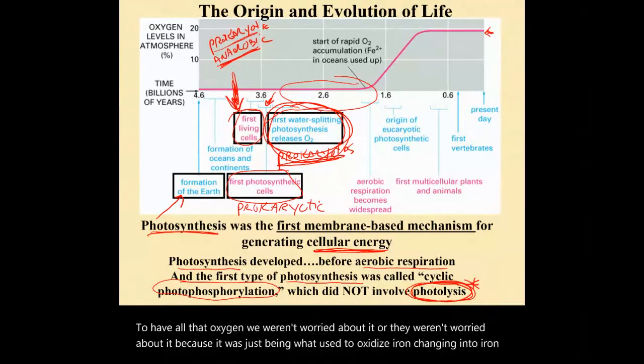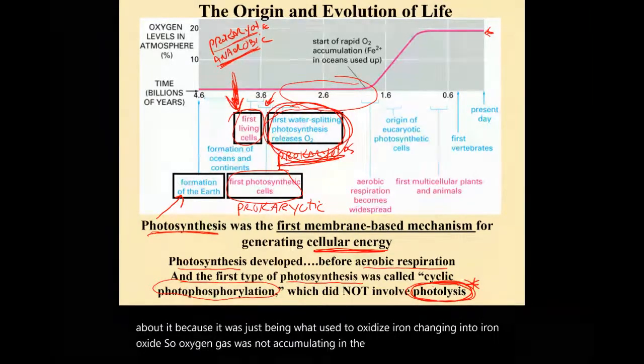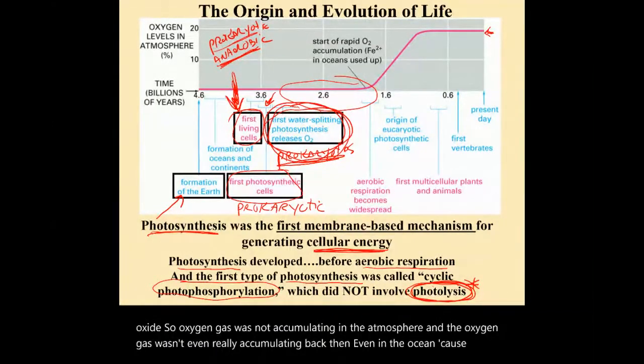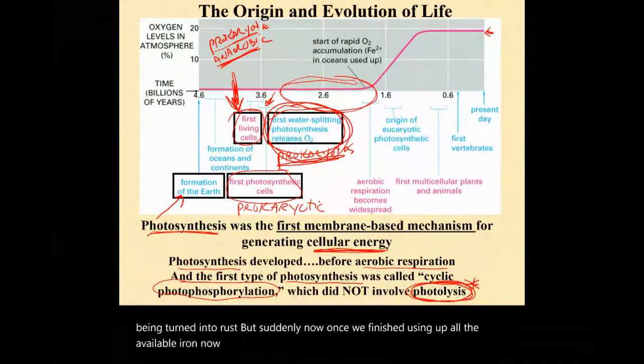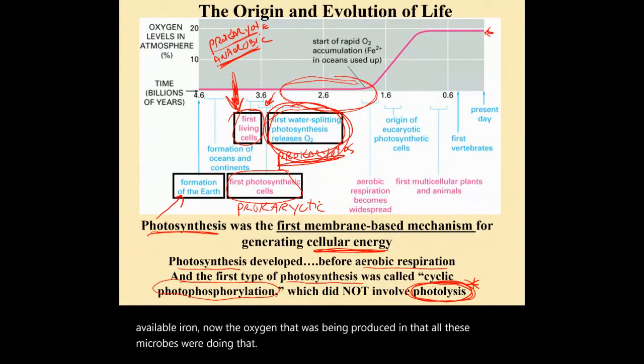So oxygen gas was not accumulating in the atmosphere. And the oxygen gas wasn't even really accumulating back then, even in the ocean, because it was being turned into rust. But suddenly, once we finished using up all the available iron, the oxygen that was being produced by all these microbes suddenly starts very rapidly filling up the atmosphere.